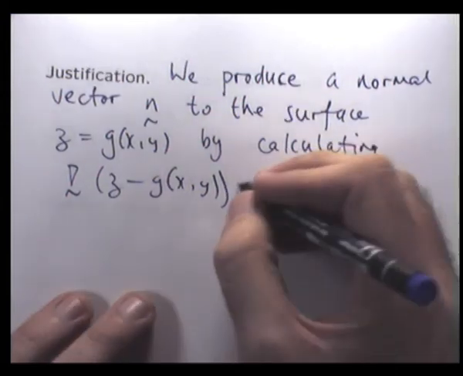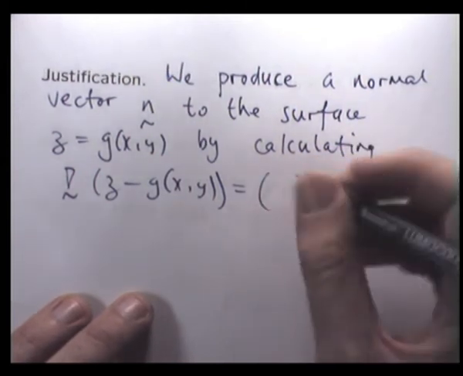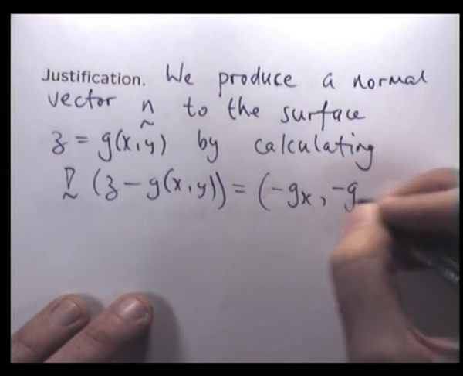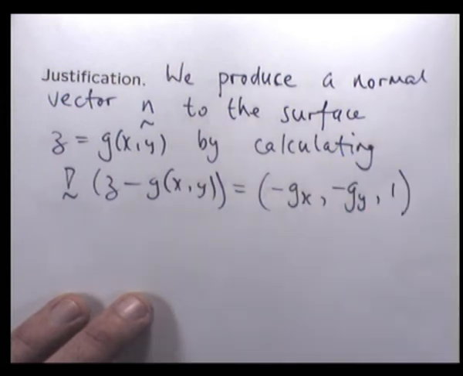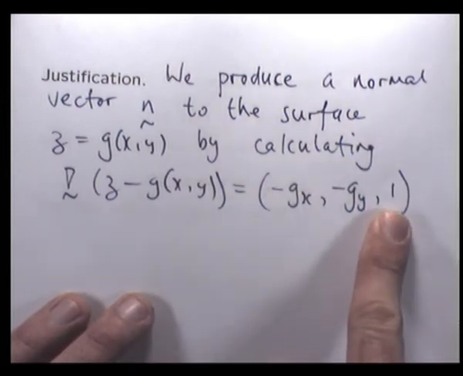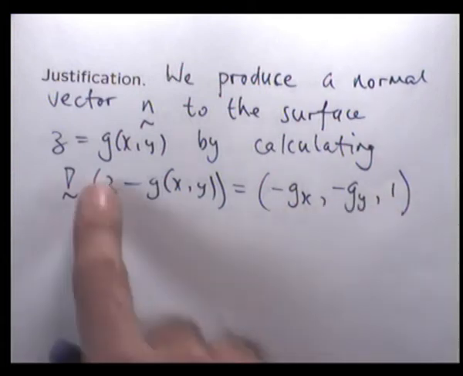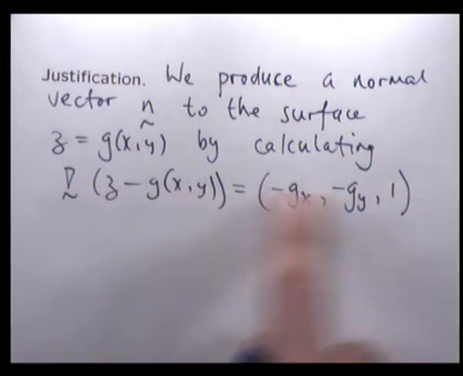All right, so in this case, it's going to be negative g sub x, negative g sub y, and 1. So you can see that this is upward pointing because the z, or the k component, is positive. Okay, if you had these reversed, you'd have a negative 1 here and positive signs here. Okay?